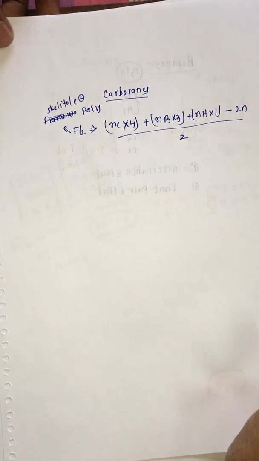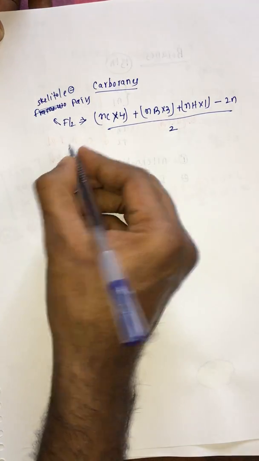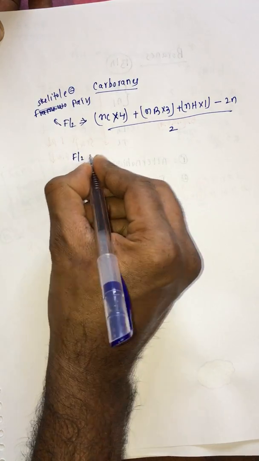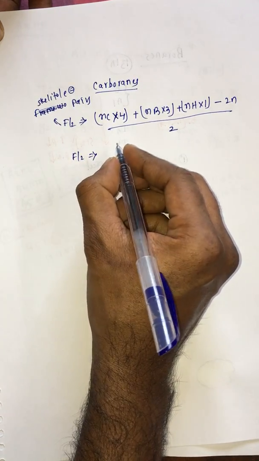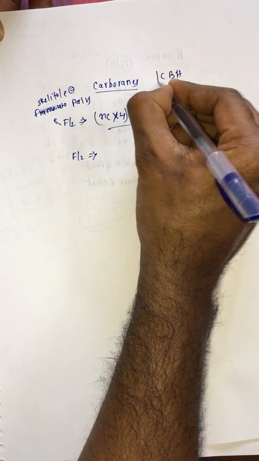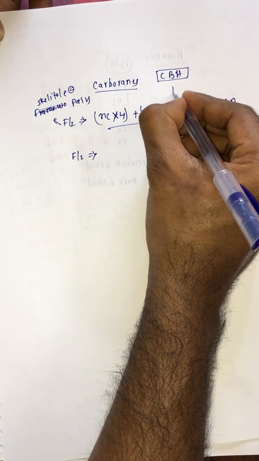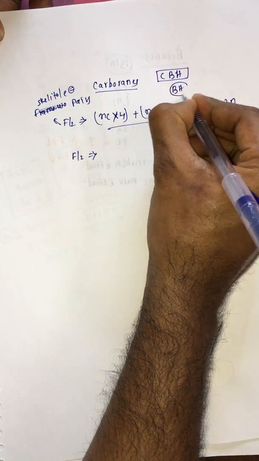If you know the skeletal electron pairs, then only you can tell whether the given compound is closo or nido. A carborane is nothing but CBNH units, and boranes have only BH units.